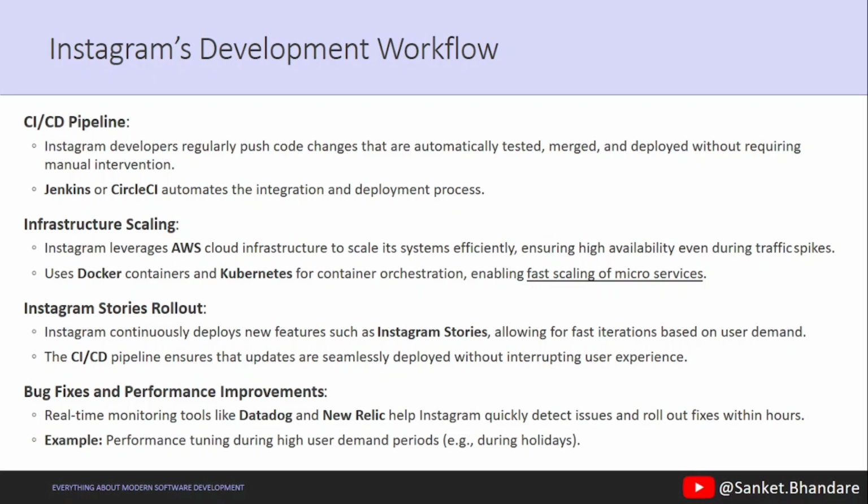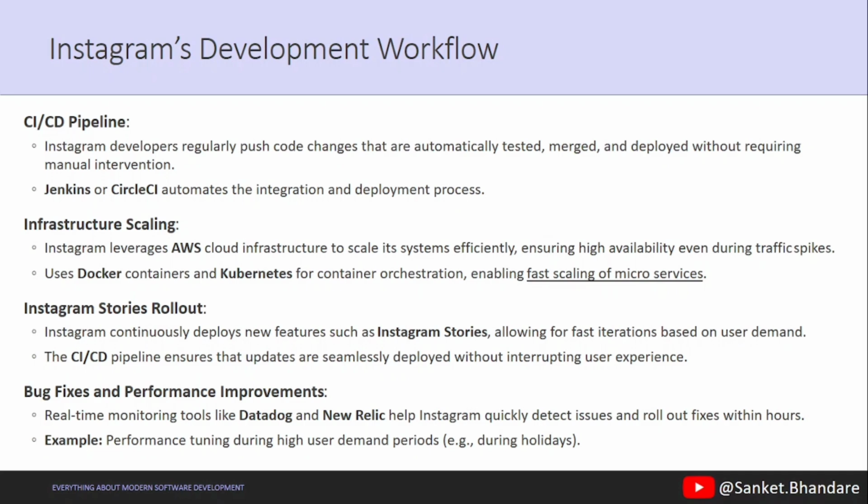Instagram continuously deploys new features to the application, such as Instagram Stories, allowing for fast iterations based on user demand. The CI/CD pipeline ensures that updates are seamlessly deployed without interrupting user experience. Next point is bug fixes and performance improvements.